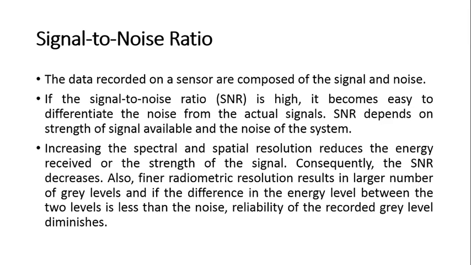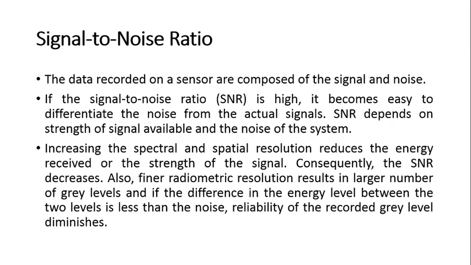As I've already informed you, in remote sensing, the energy recorded at the sensor depends on the spatial and spectral resolution of the sensor. The radiometric resolution of the sensor varies with the amount of energy received at the sensor.